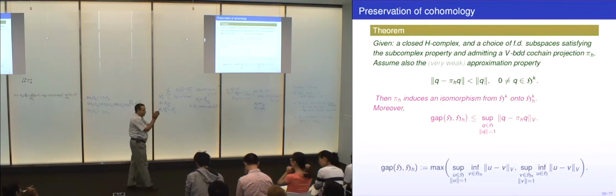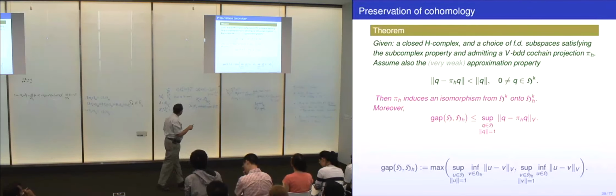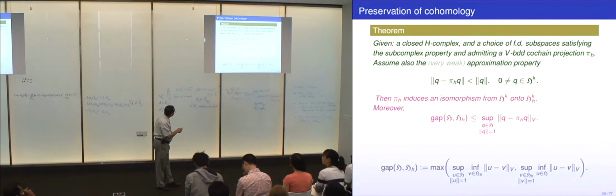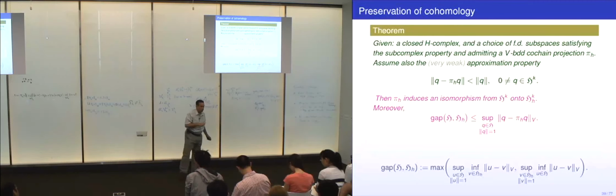It's roughly the angle between the spaces, cosine, a sine of it, or something like that. And how do you do it? Well, you take a harmonic function, normalize it to be norm 1, and say how small is the best approximation in the other subspace of that harmonic function. And then you do the same with the two things reversed, and the maximum of those two is called the gap.